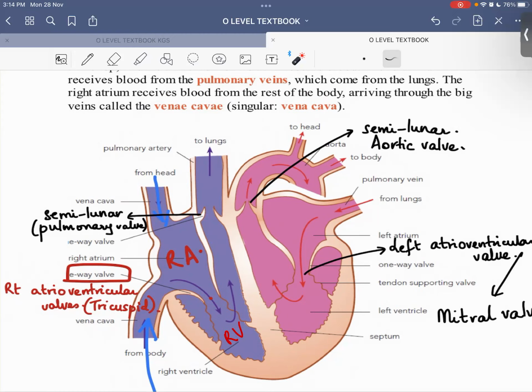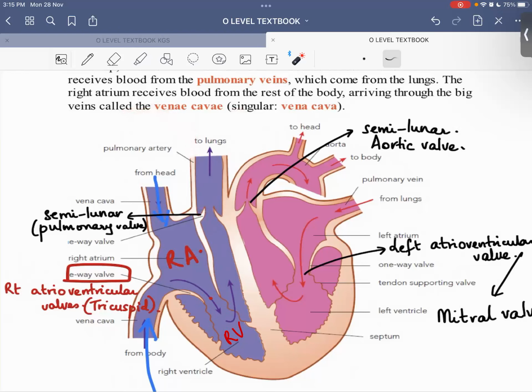Correct. Very good. And when should it be opened? जब ब्लड को बाहर ही भेजना हो तभी खुलना चाहिए. When the right ventricle is squeezing and wants to send the blood to the pulmonary artery, it should be open. ठीक है, fine.